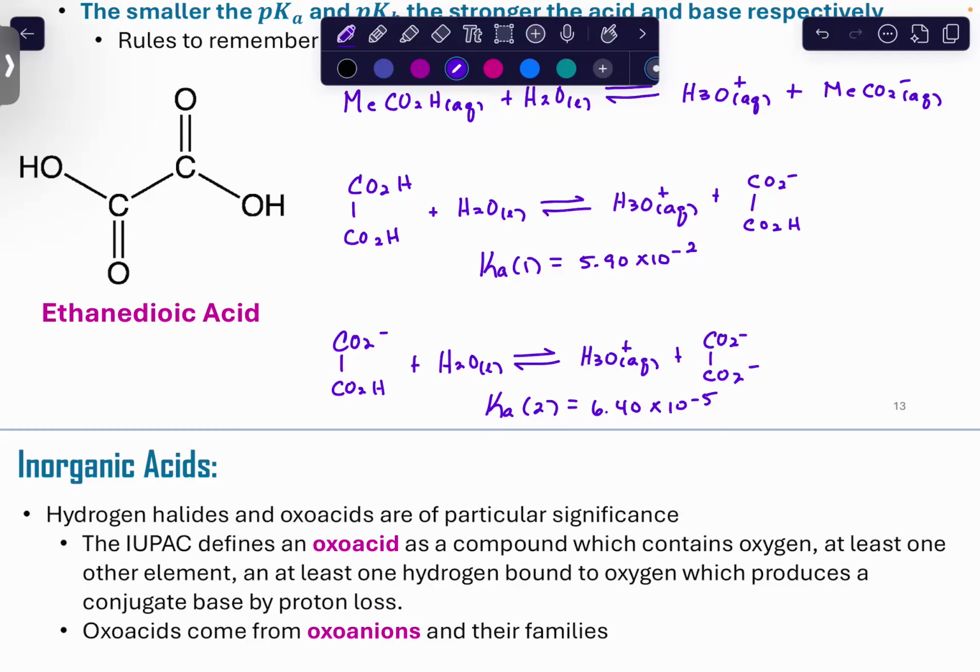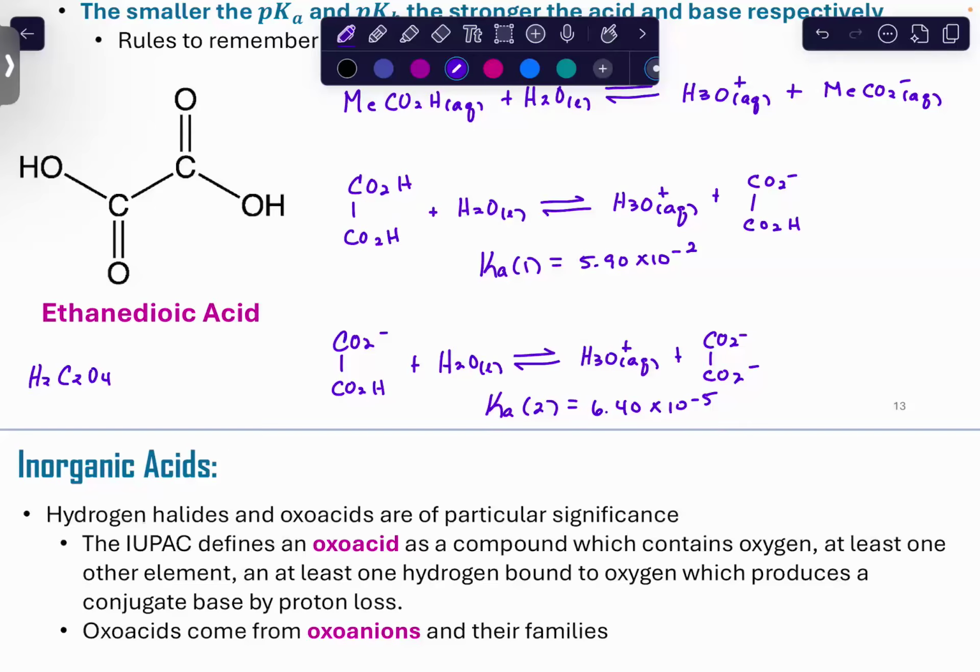But that's okay. Now here's the fun thing about naming. This is called ethane dioic acid. What's another name for that? A more common name. It's an acid made out of one of our ions with multiple atoms in it.